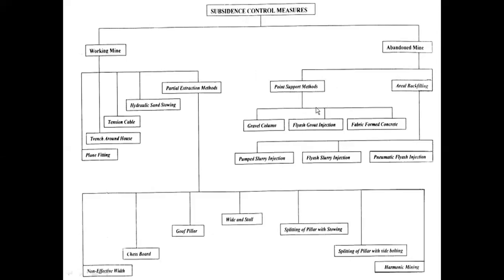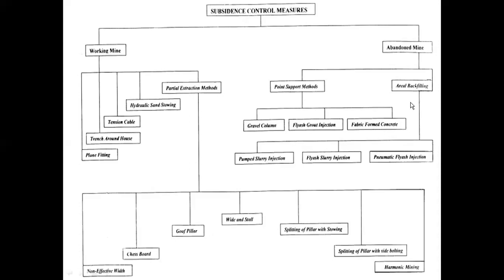See, point and support methods like gravel column and fly ash grout injection. Nothing but drilling a hole from the surface in the subsided area, and the fly ash will be injected into the excavated location so that it fills the entire gap. Next, fabric formed concrete.